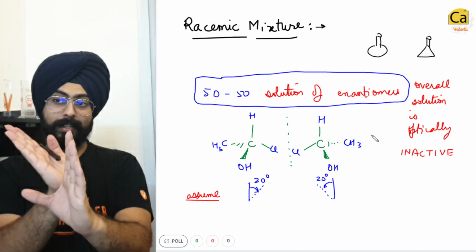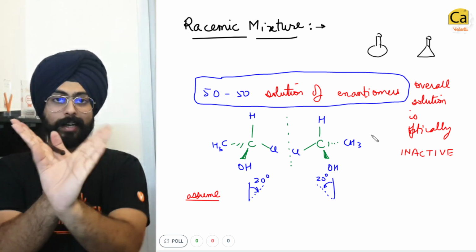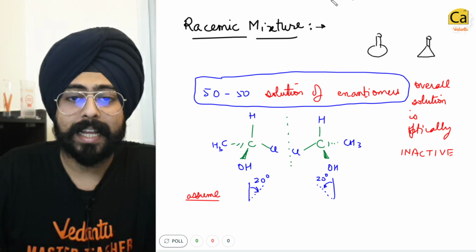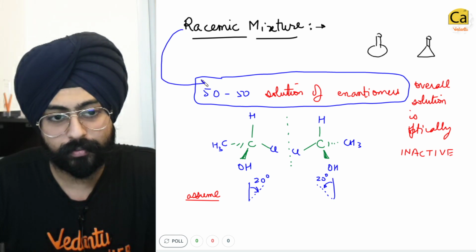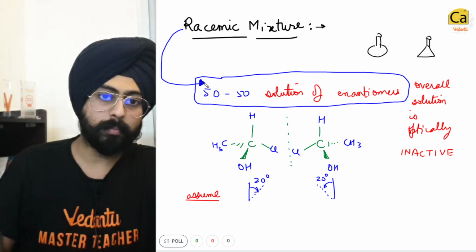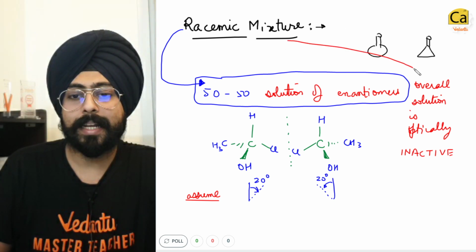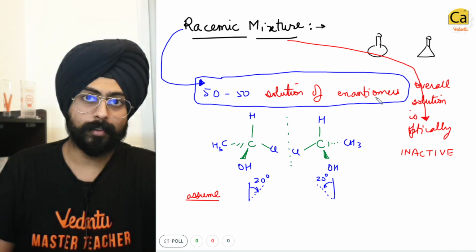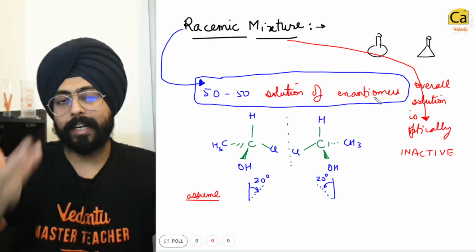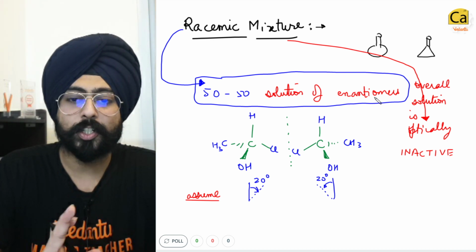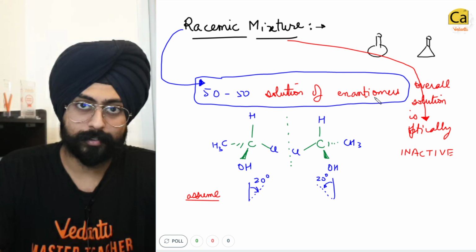One is rotating light in this direction, the other is rotating light in this direction. Overall rotation, 0. So my dear friends, a racemic mixture is a 50-50 solution of enantiomers, and a perfect racemic mixture is optically inactive. If in a reaction you are creating a racemic mixture and you put it in a polarimeter, it won't rotate light in any direction. Racemic mixtures are optically inactive.